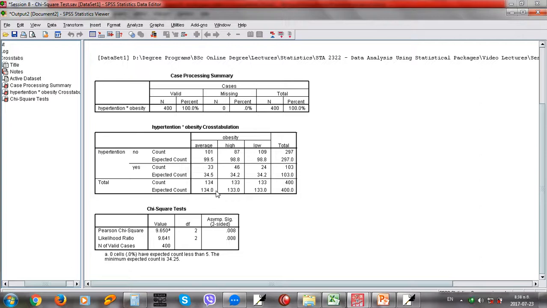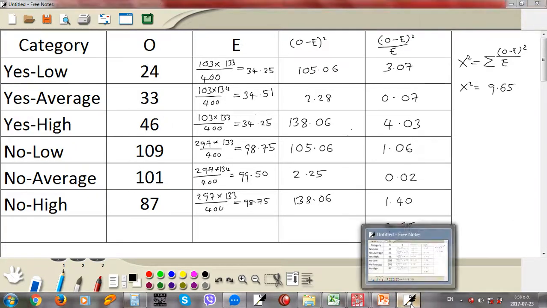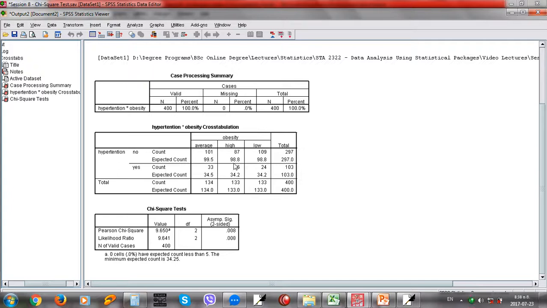If we take 101, the expected value is 99.5. If we take 87, the expected value is 98.75, which is 98.8. Likewise, these are our calculated values. Then this is our Pearson chi-square value. We took the chi-square value as 9.65, and it comes out the same here.